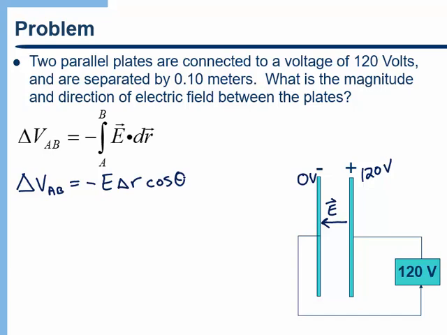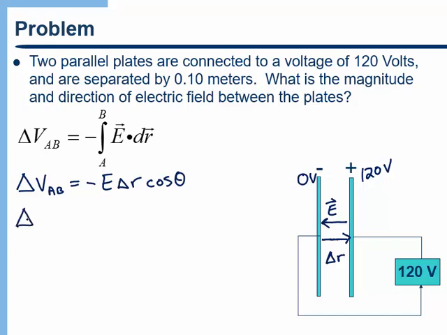And I'm going to integrate from the 0 voltage plate to the 120 voltage plate. So that's delta R. And so what you'll notice is that if I go from 0 volts to 120 volts, the angle between E and delta R is going to be 180 degrees.